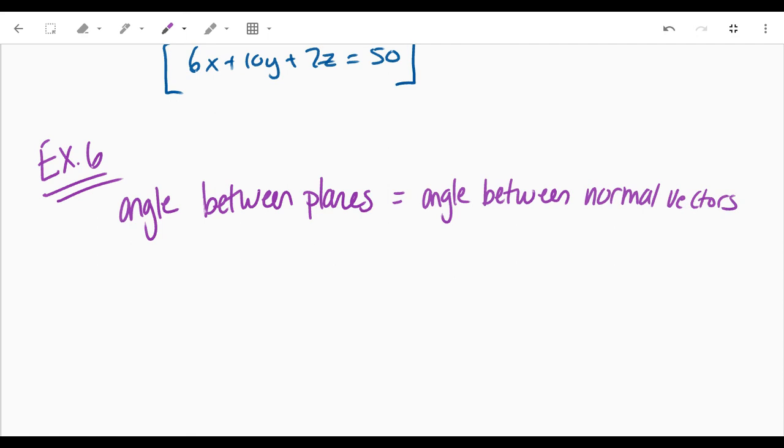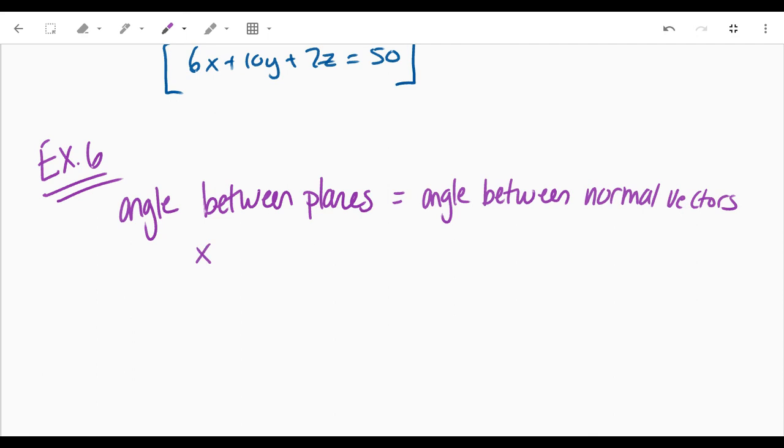So you've got to wrap your head around that one. If you're finding the angle between two planes, you can also just find the angle between their normal vectors, and that would be the same thing. And the reason that we might do that, again, is because it's so easy to pick out the normal vectors.